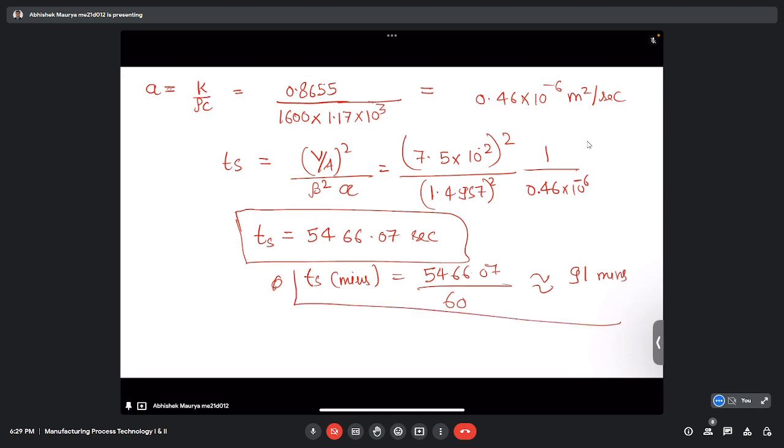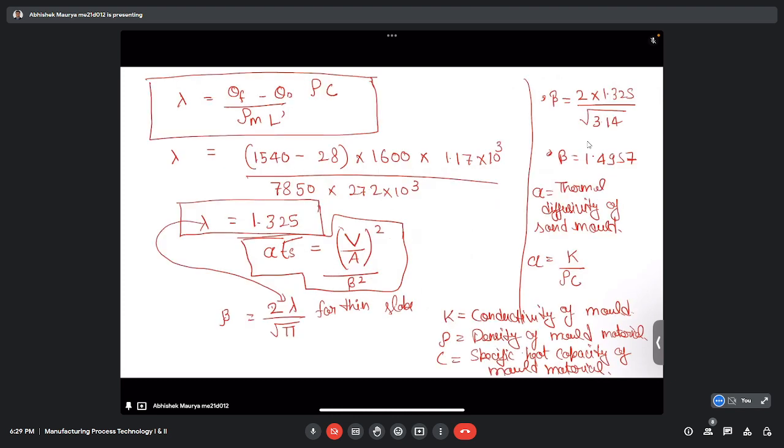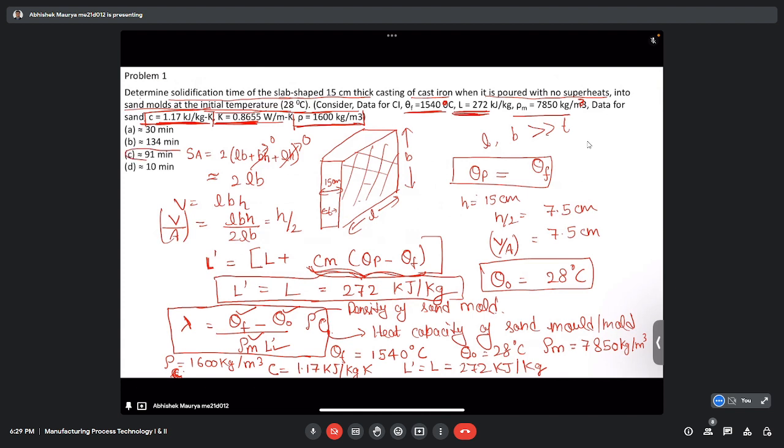Okay, so that is the answer. And which option is it? Yeah, the third one. Okay, so this was the overall solution of the first problem. If any of you have any doubt, please ask me.